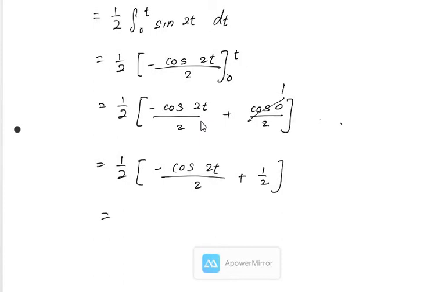Now I multiply in the 1 over 2 from here, so I get 1 over 4. I take out the 1 over 4 first, and we have 1 minus cos 2t.